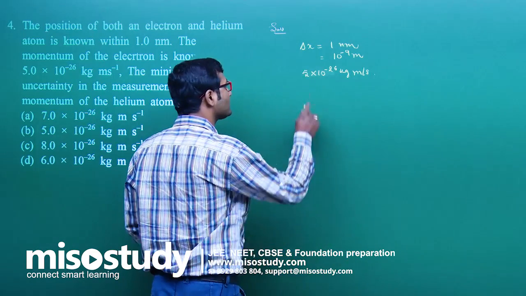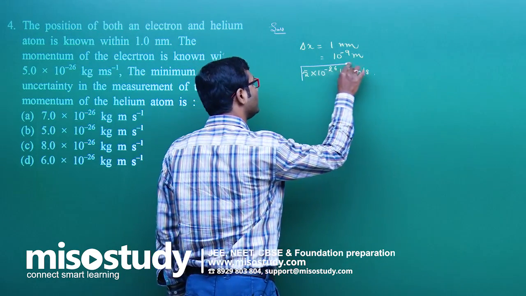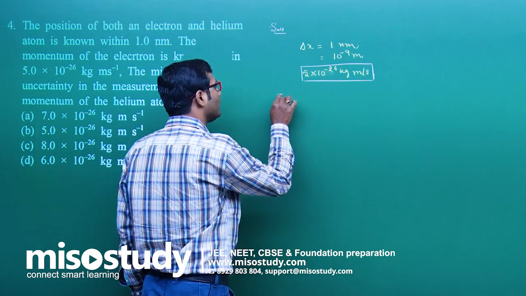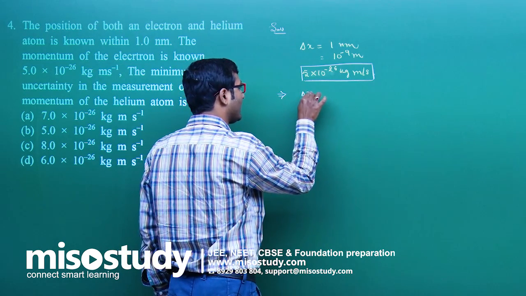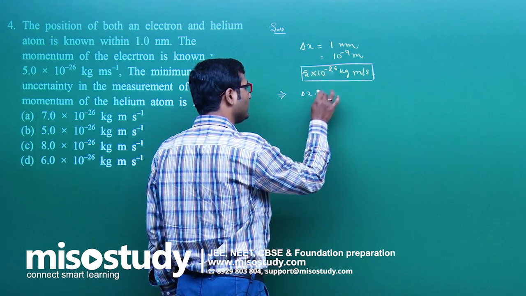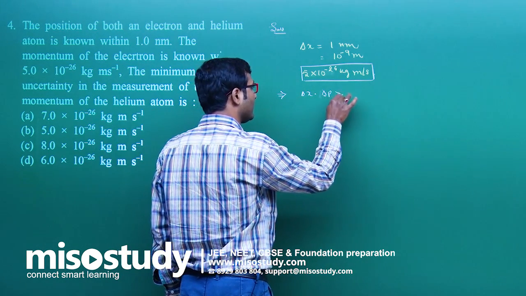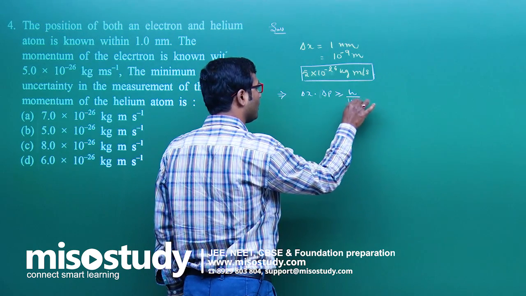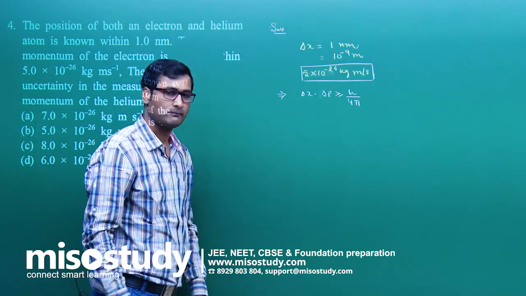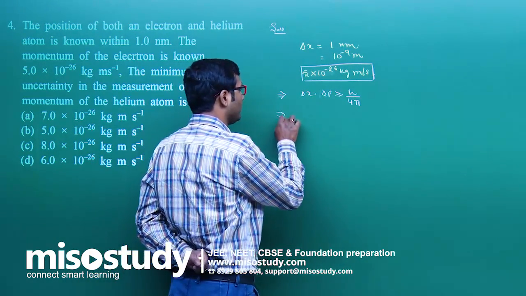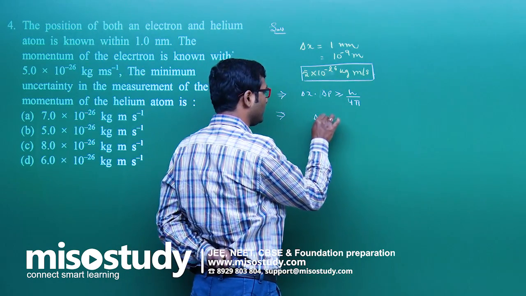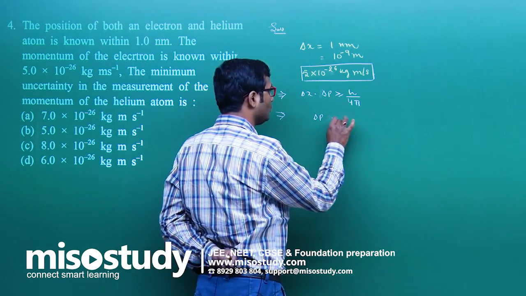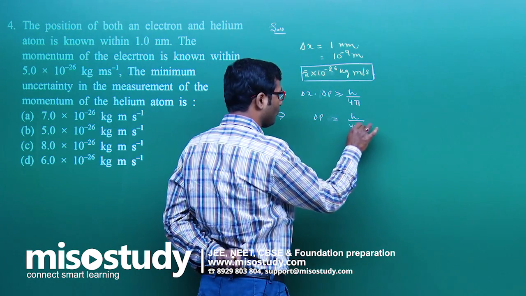The minimum uncertainty is this value. Clear? Or you can directly write delta x into delta p is greater than or equal to h upon 4 pi, by writing that, delta p is equal to h upon 4 pi m.